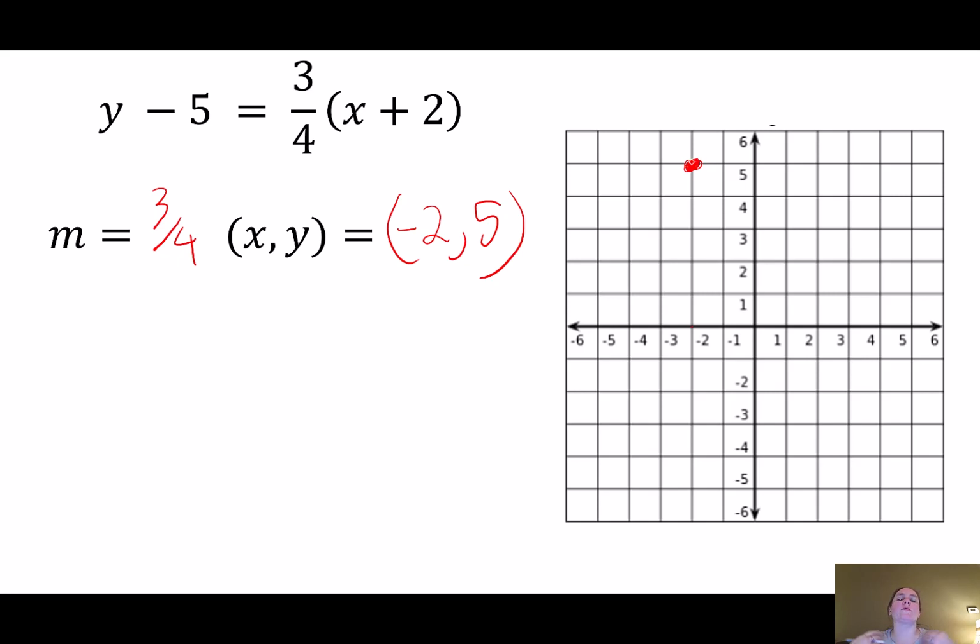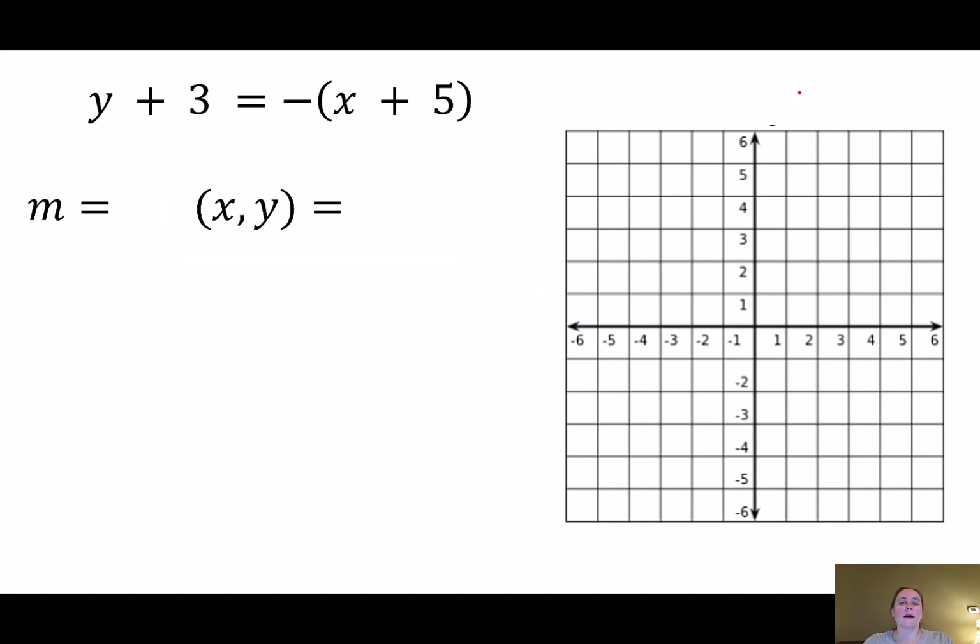So just like when we were with slope-intercept where we plotted the y-intercept first and then used the slope, same process applies here. We're just plotting a point first and then using our slope to find the next. Okay, so from here, I can't go up 3 from my graph. So we're going to go down 3 and to the left. And there we have it.